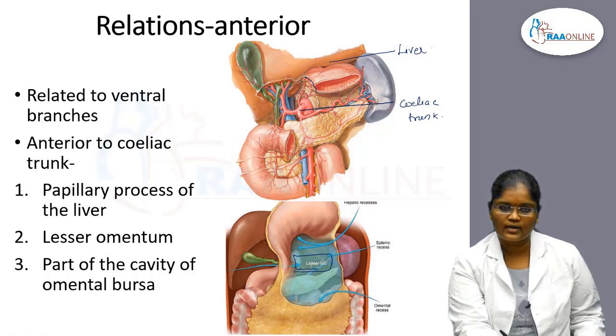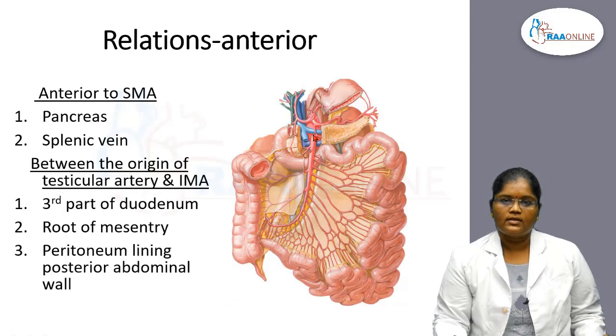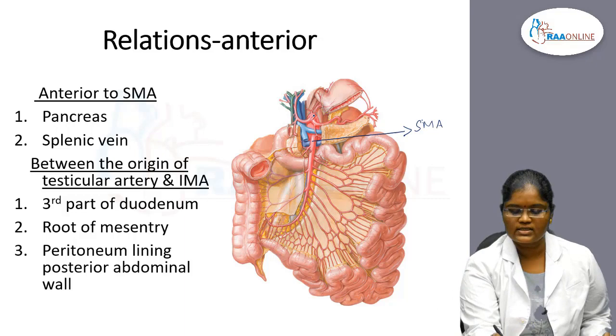After you reflect, that is, after you cut the peritoneum connecting the greater omentum and the transverse colon, underneath you can see a small sac called the lesser sac. Then the structures related: this is the superior mesenteric artery. Just 1 centimeter above the superior mesenteric artery is the celiac trunk.